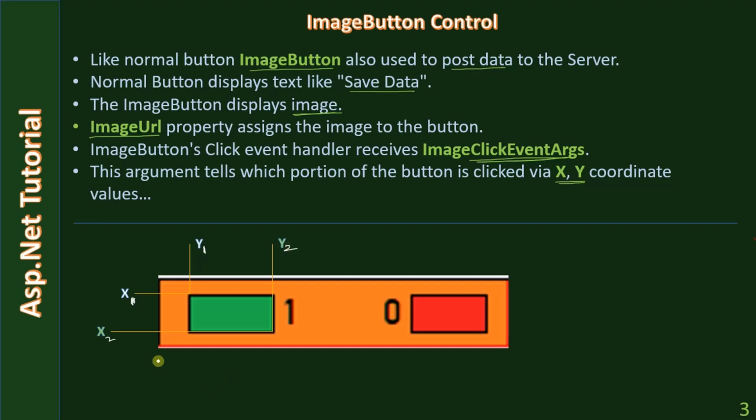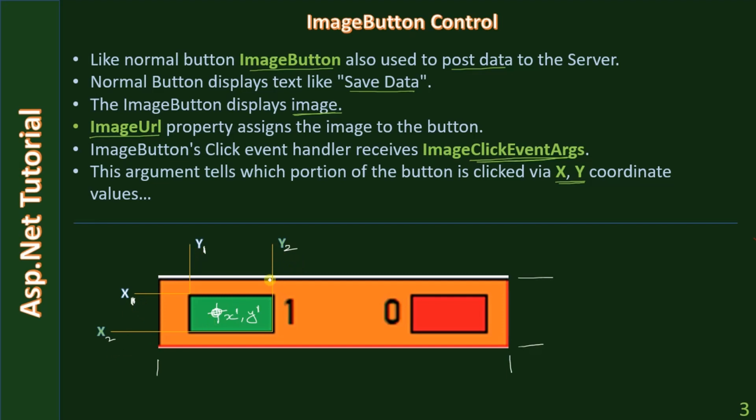That means this entire width and height all together constitutes the image button, and inside the image button we have a specific portion. This is the green portion, and we can know x1 y1 and x2 y2. Say, for example, the user clicked somewhere here, and let's assume this as x dash, y dash. We can easily compare whether x dash and y dash lie between x1 y1 and x2 y2.